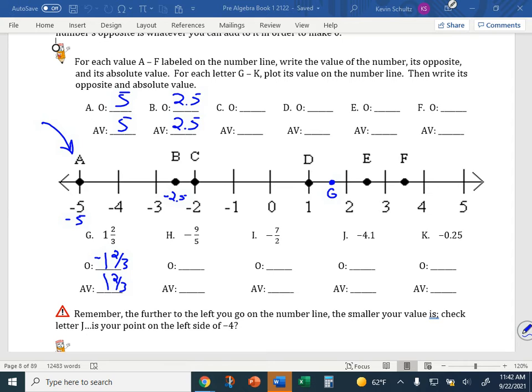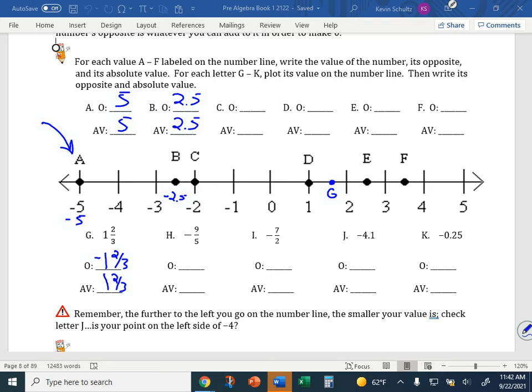Because the number, if it's a negative, it will be a positive. Like the absolute value is the distance away from 0. You can't count backwards to. You have to go forward to get to the 0. What word in the definition of an absolute value explains why it will always be positive? Distance, right? You can't have a negative distance.